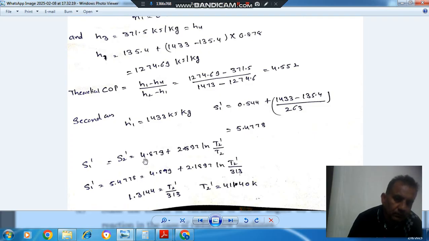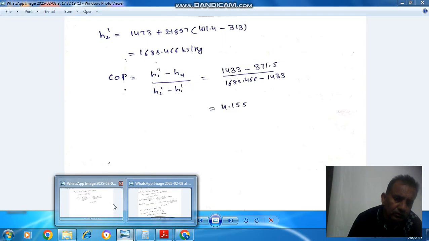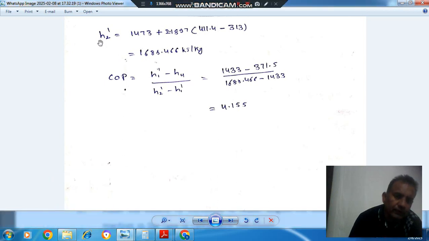By equating entropy at 1 and 2, we can calculate T2 dash. Okay. So now T2 dash temperature is known, so we can find out enthalpy at T2 dash. So that is your saturated vapor enthalpy, and that is superheated part enthalpy. Total enthalpy at H2 dash is this.